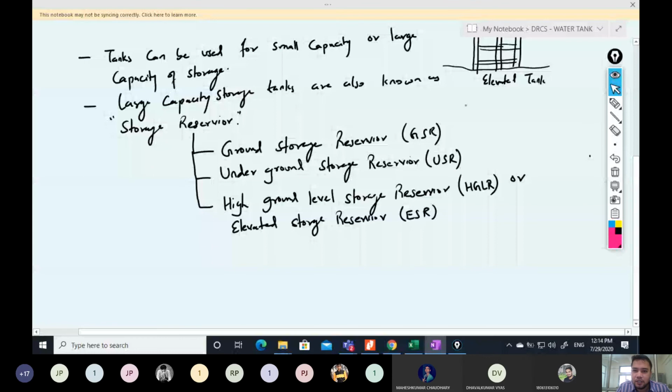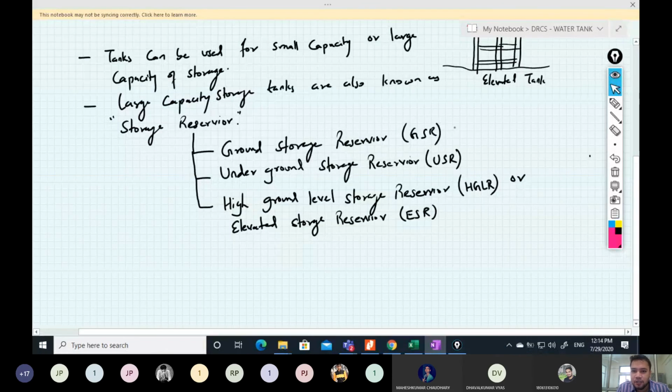The examples are the underground storage usually provided in societies, and from these underground storage reservoirs, the water is pumped to the elevated storage reservoir. You might have seen in your nearby area that there is a storage reservoir from where the water is pumped to the elevated storage reservoir.